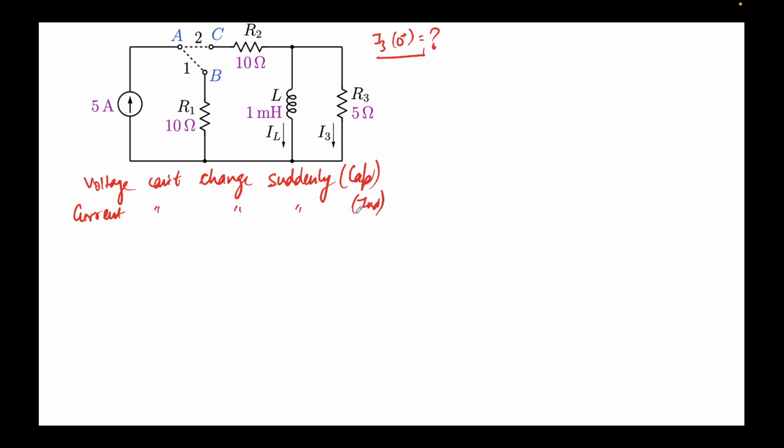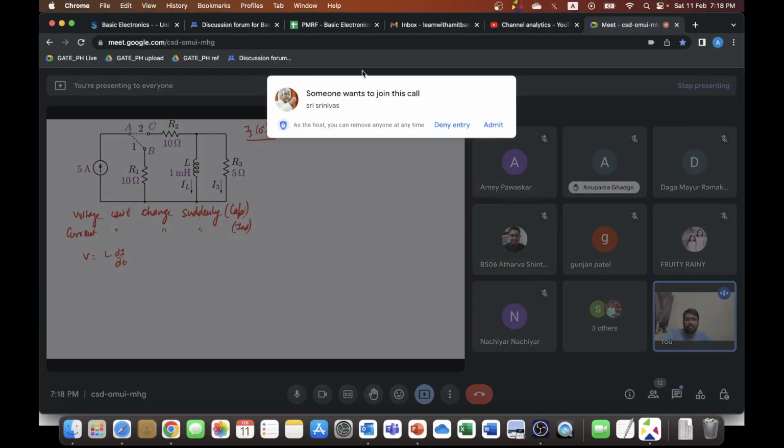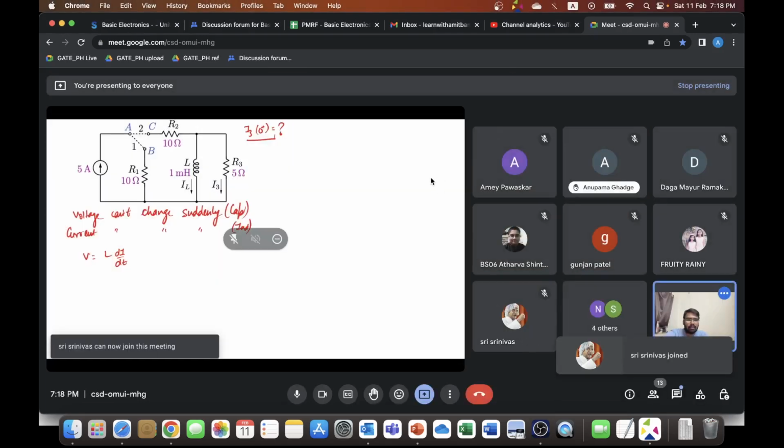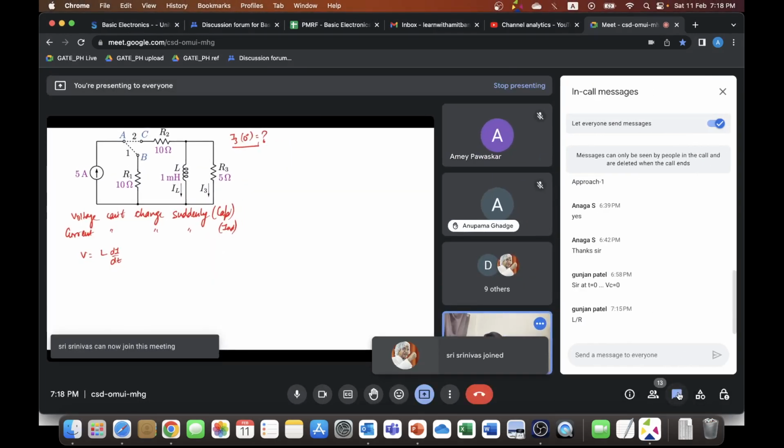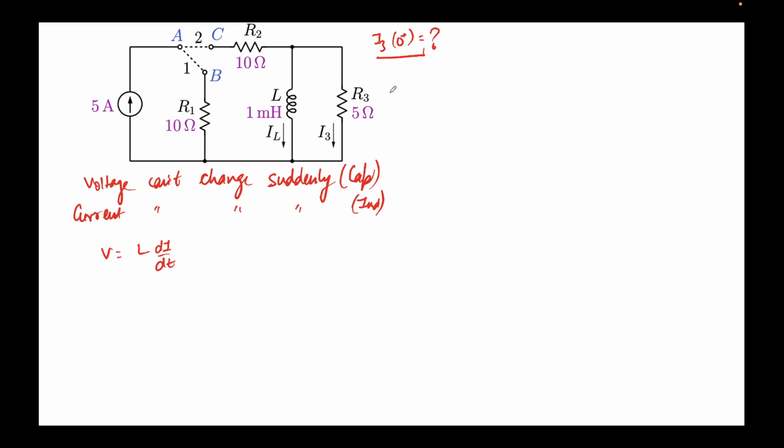Why is that? Someone pointed out the expression for voltage, right? It's L di by dt. If i is changing very fast, there will be a huge amount of voltage that can be generated, and thus a huge amount of current can flow through the shunt resistors that we have around that, which is not possible. And hence the current cannot change abruptly.